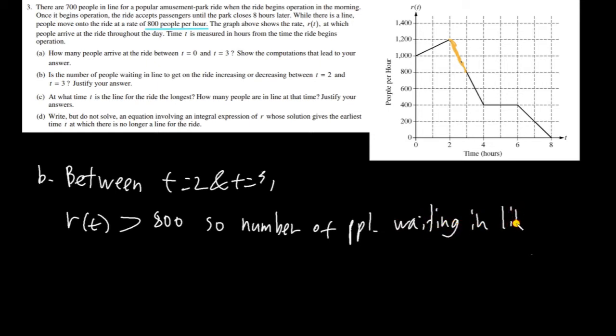So if we were to write that out, between t equals 2 and t equals 3, r of t is greater than 800, so the number of people waiting in line is increasing.